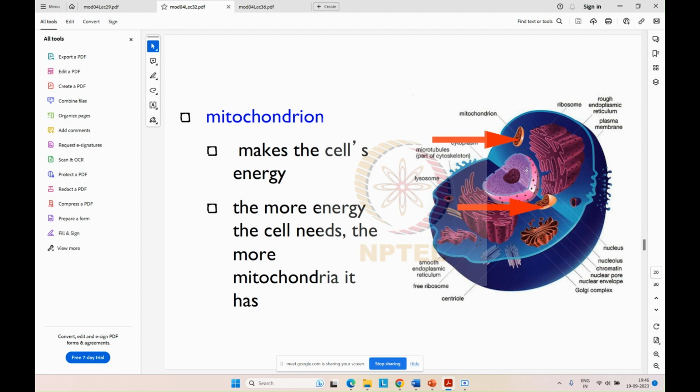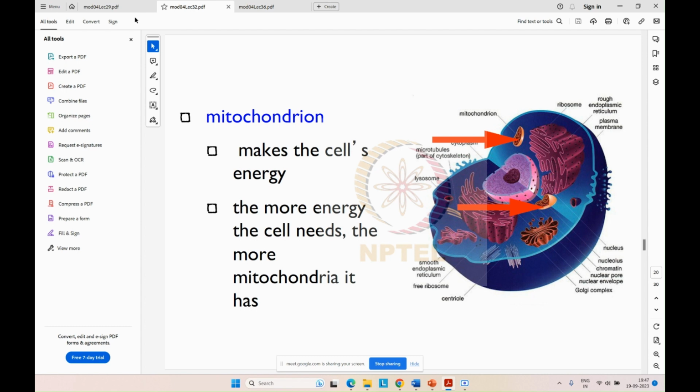One of the other organelles present is the mitochondria of the cell. If you go back to school days, it's the powerhouse of the cell.